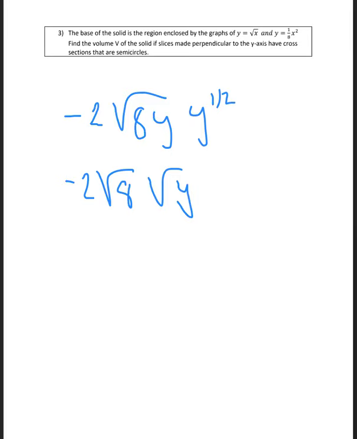Wait, wasn't it y squared? I think it was y squared. Yeah. Sorry. All right. So this is y squared, and the first thing I did was split up radical 8 and radical y. And you guys know that I'm gonna deal with the radical 8 later.